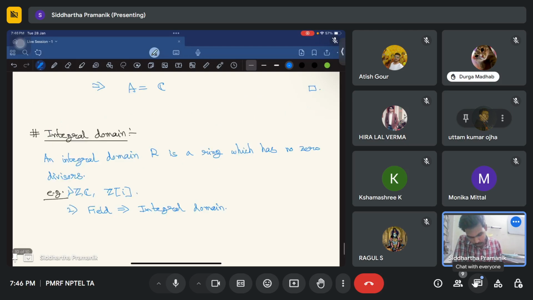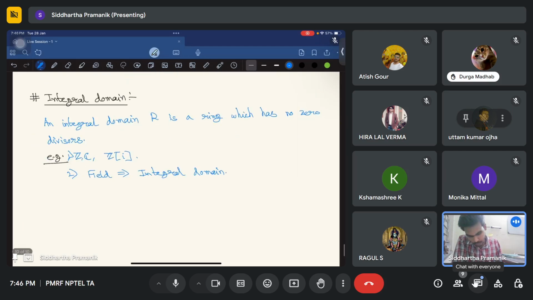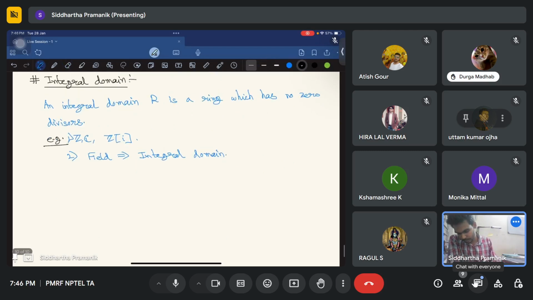Now the last part is polynomial things. So let me go into that. I hope you have understood the definition of an integral domain. So now one easy fact is a subring of an integral domain is also an integral domain.